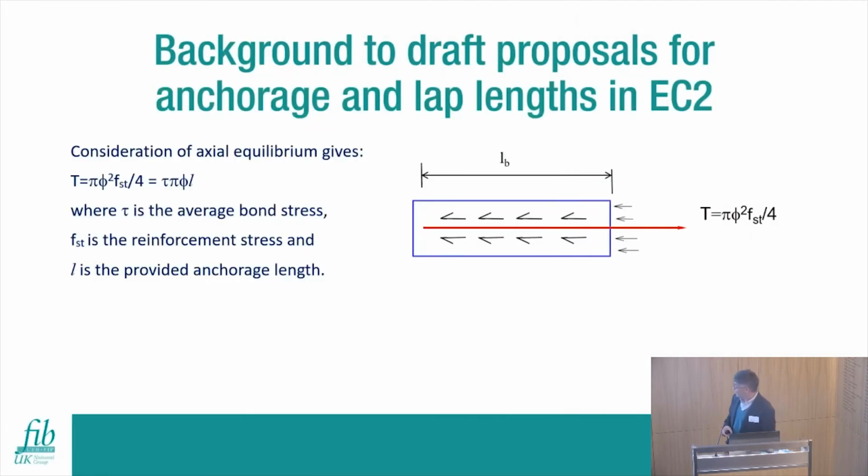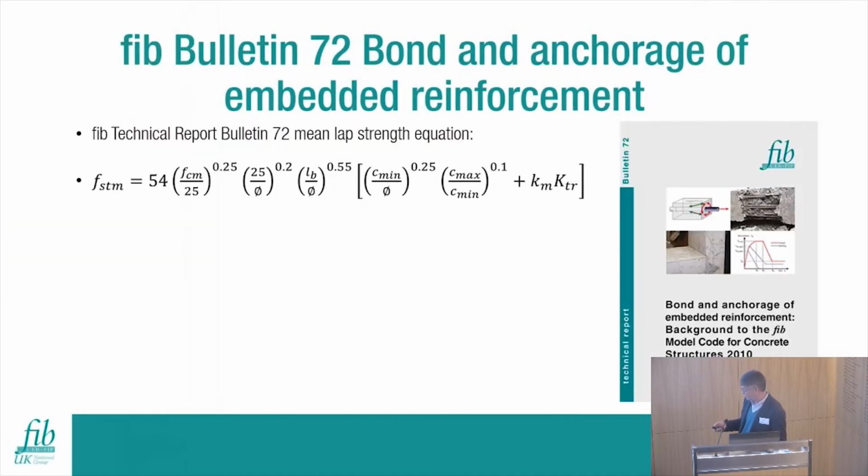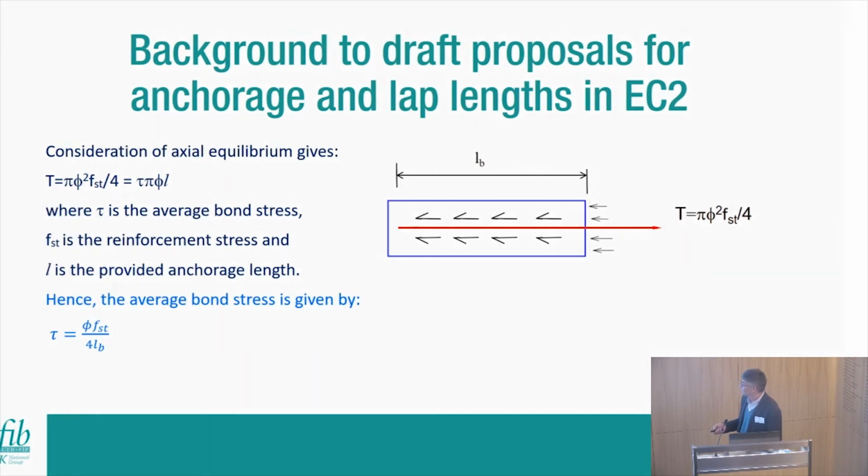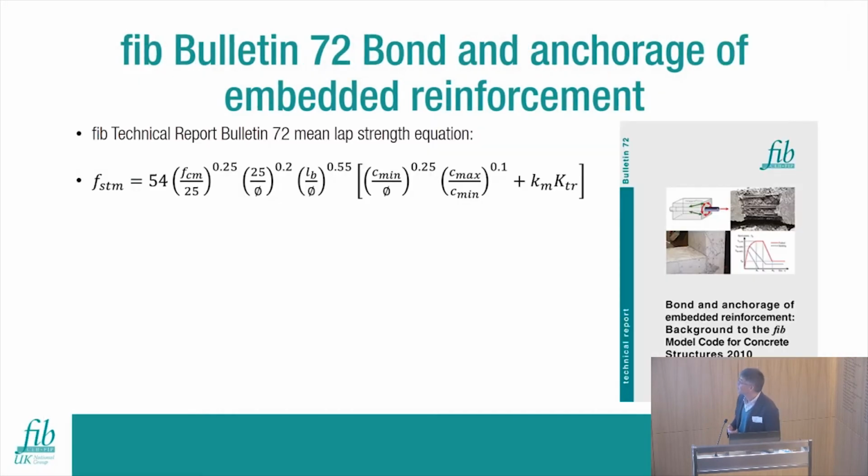So this slide here shows a simple pull-out specimen, and the key point is that from axial equilibrium, we can calculate the average bond stress along the anchorage length of LB. In Bulletin 72, it gives this equation for calculating the stress in the reinforcement bar at anchorage or lap failure.